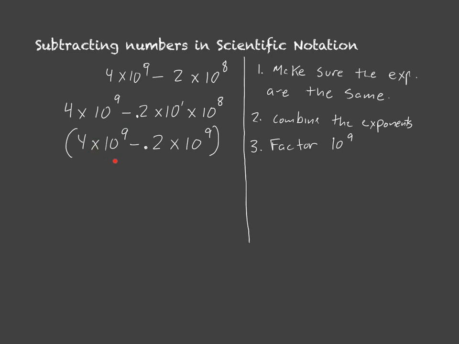We're going to be grabbing the 10 to the 9th from here and taking it out. So we're going to get 4 minus 0.2 times 10 to the 9th.